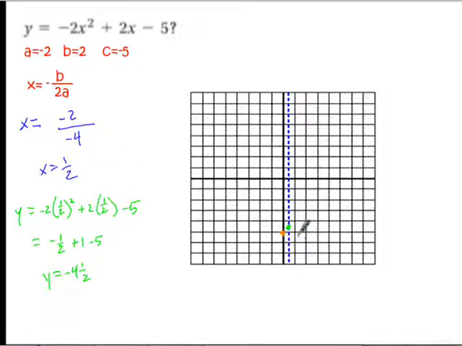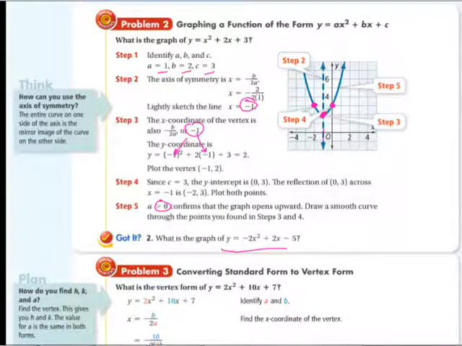Because of symmetry, I can put a point right there. I know that a is negative, so it opens down. So my parabola is right there. Feel free to make note, and we'll go over that in class as much as you want. But we can use each piece to figure out something else and then get our picture from standard form. Let's take a look at problem 3.